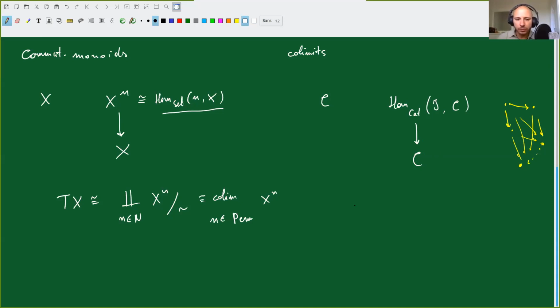So the monad that we get is more like, I would say, a colimit with arrows, in the sense of the Grothendieck construction.